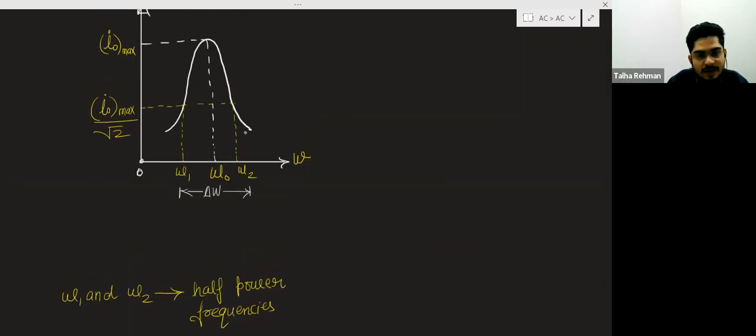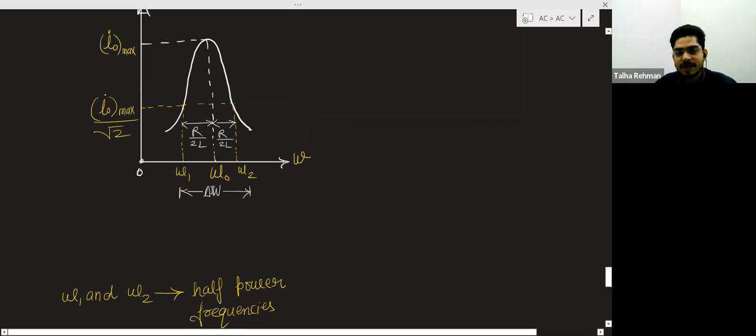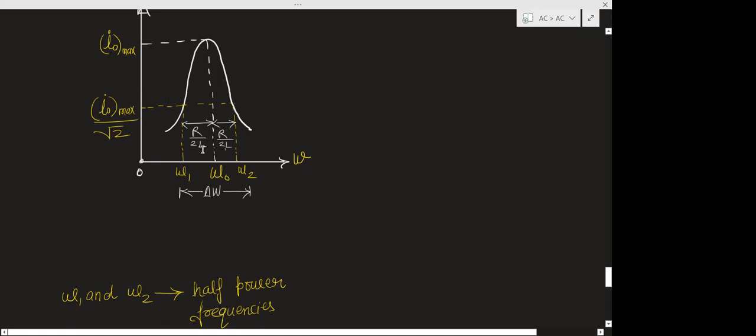So this distance is R by 2L, and this is also R by 2L. How is this R by 2L? Because this is delta omega, and delta omega is R by L, half of R by L is R by 2L.